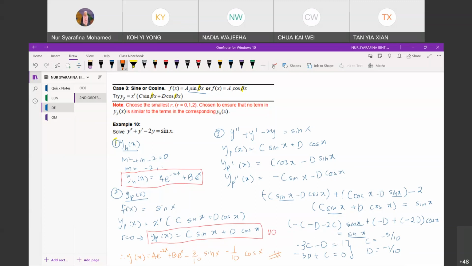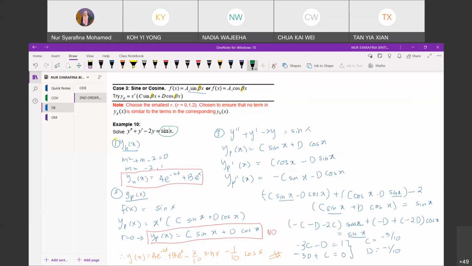Is it clear? Is there any question? Try to understand first. Why does beta equal 1? Because it must follow the beta value in your function. Fx is sine beta x, and this one is sine x, so 1x.